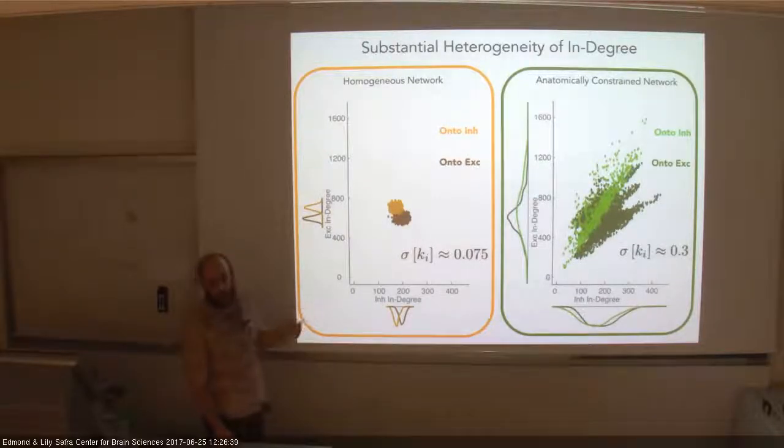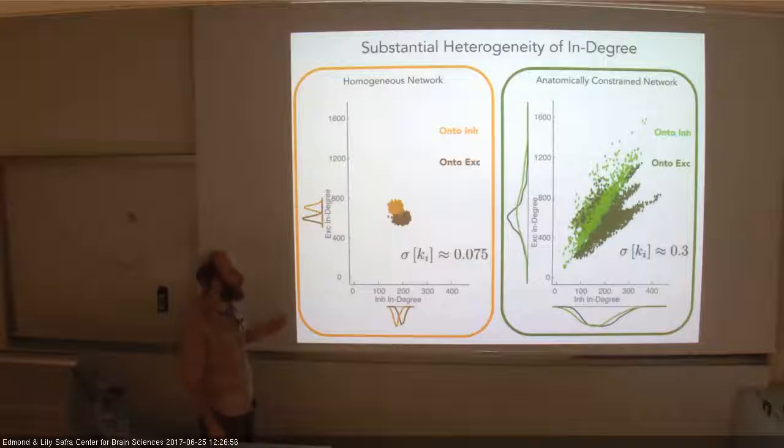And second, the morphologies are very heterogeneous. Every given cell has a different sized dendrite, a different sized axon, sending its branches to different locations, so it's going to receive a different amount of inputs. So that's the first observation.